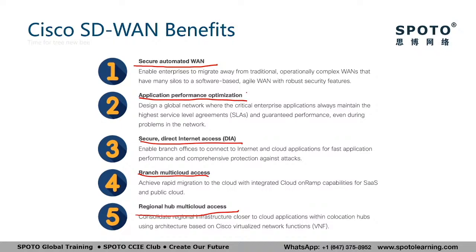If the branch office is in Australia, you can access the cloud entrance in Australia, for example, Sydney. It would be much faster than traveling through half of the world, right, to find the entrance on the other side of the world. Just use the local entrance in your local region.